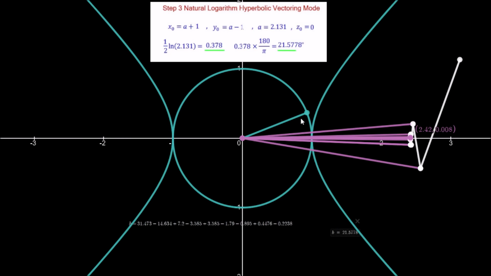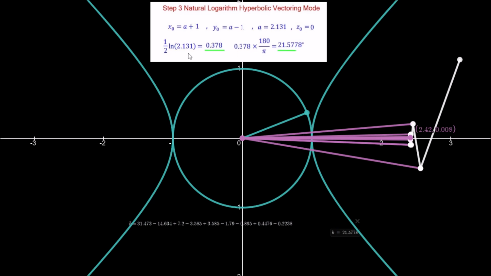So the final angle that's generated here, which is our Zn, is going to be 21.5778 degrees, which when we convert it to radians will give us a value of 0.376. So you can see here we're very close. The calculated value is 0.378 and our simulated value is 0.376.